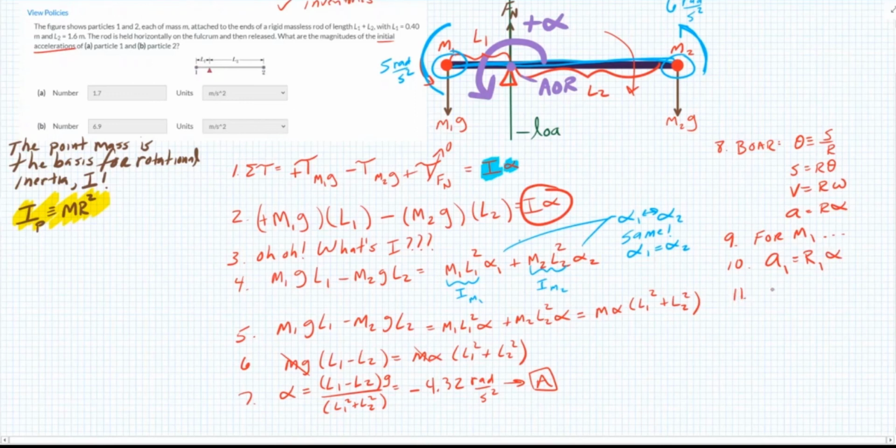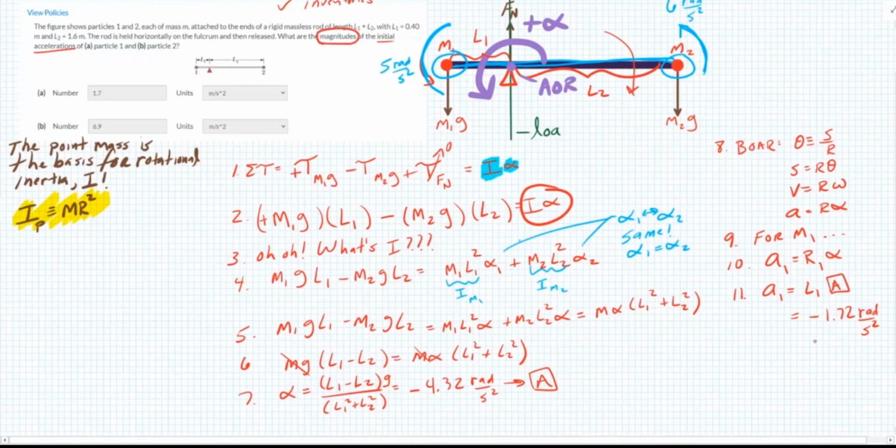So the tangential acceleration for that left side M1 equals its arc radius, L1, times whatever is in calculator memory location A. So I take alpha A times 0.4, and I get negative 1.72 and some change, but they're saying magnitudes.